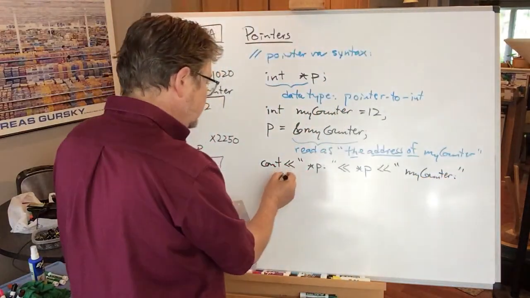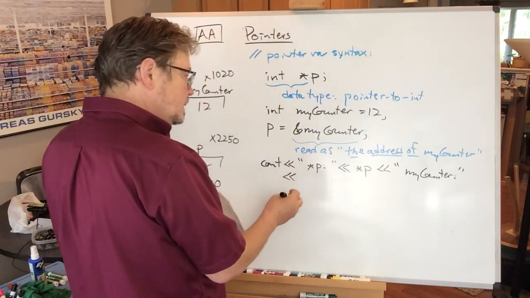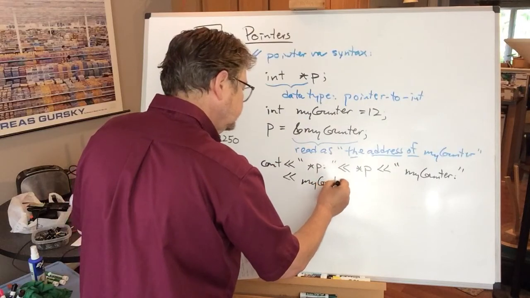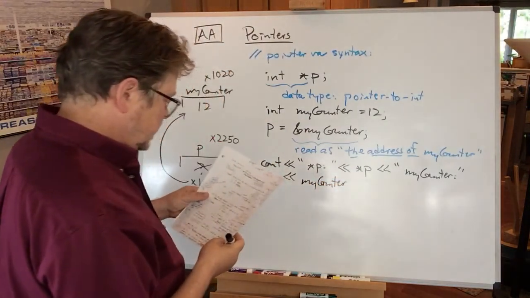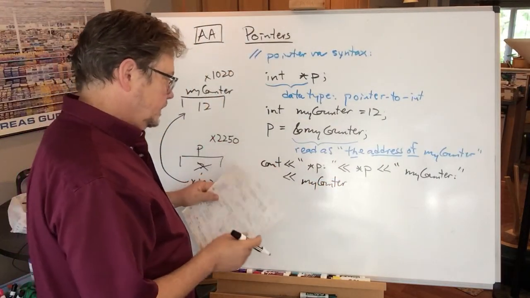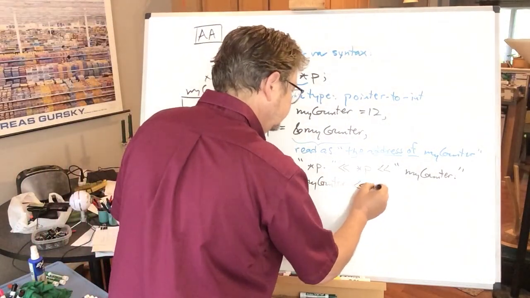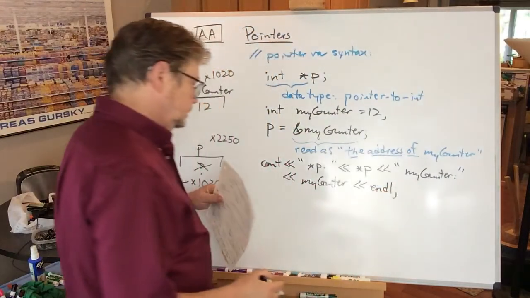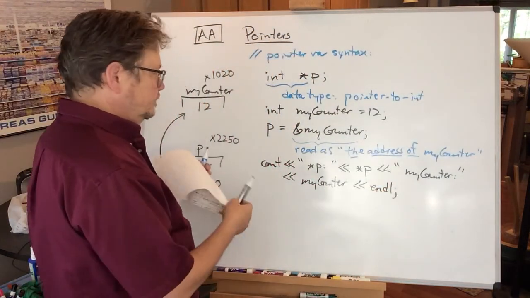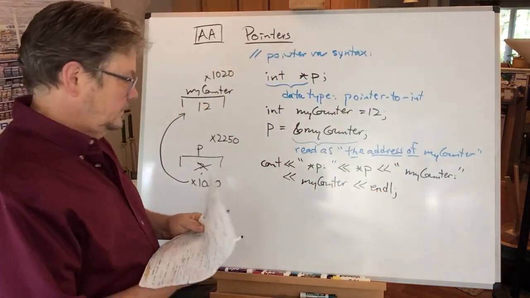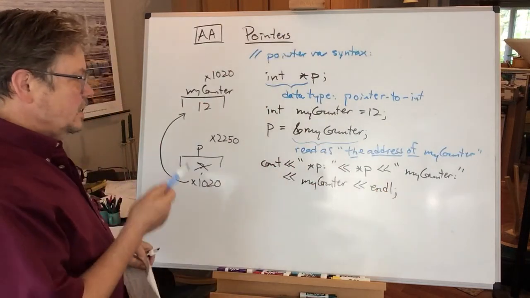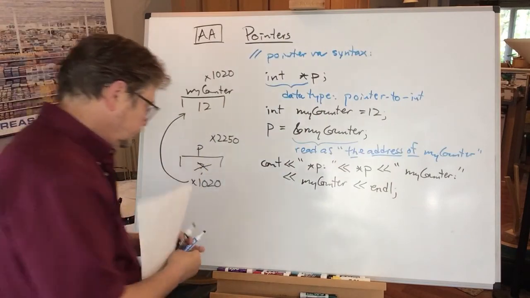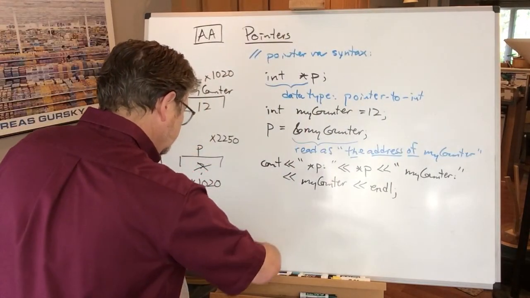I'm going to have to continue the cout on the next line. Cout, less than, and my counter. So much longer cout statement than I had anticipated. And that'll be it. Now then, cout star P, my counter. Let's see if we can predict what the output of that will be.